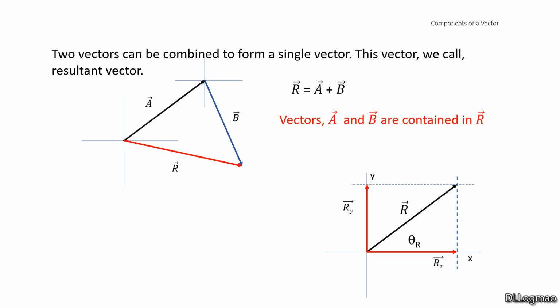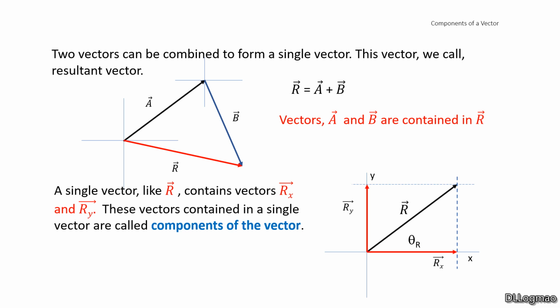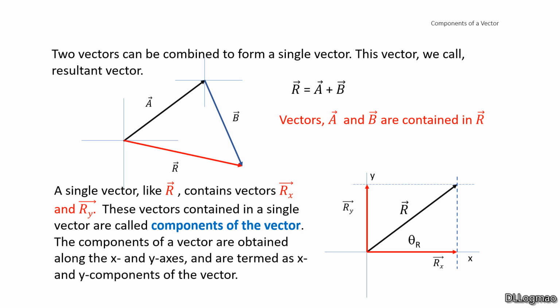It can be called vector r sub x. What can we say about any vector? Any single vector like vector r contains vector r sub x and r sub y. These vectors r sub x and r sub y are the components of vector r and can be obtained along the x and along the y axis.